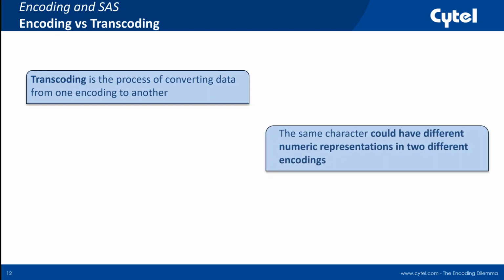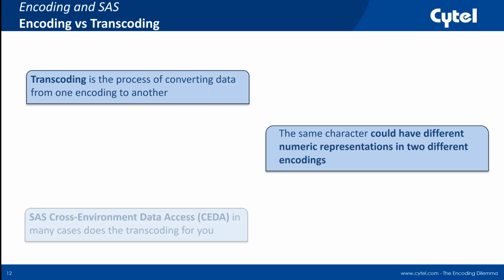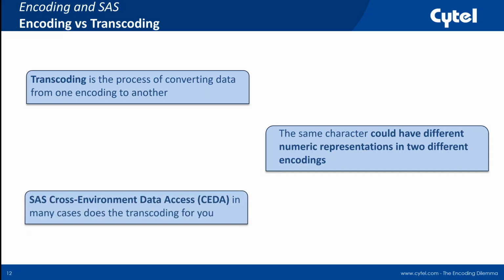Given the fact a character could have different numeric representation in 2 different encodings, if you are receiving a dataset generated in a SAS environment with a different encoding, the first thing SAS will try to do is to make the needed transformation or transcoding, so that each character is correctly represented and converted in the encoding used by your SAS configuration. SAS does automatic transcoding for you by invoking the cross-environment data access engine. We also saw it mentioned in the SAS log earlier.